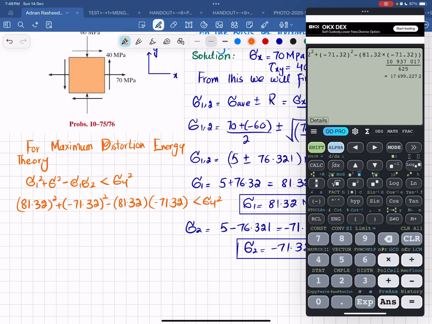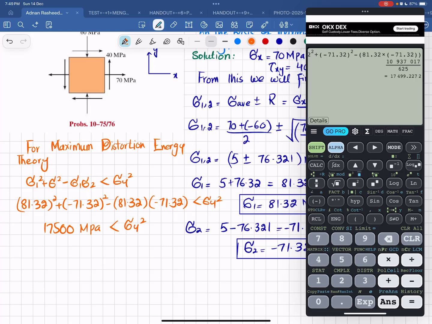So it will be equal to, I will round it off, 17500 megapascal, and that should be less than sigma yield square.